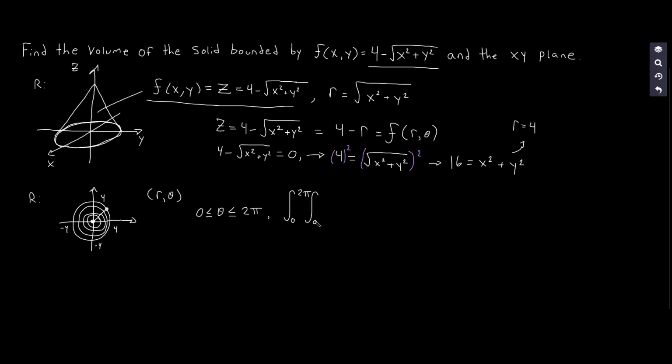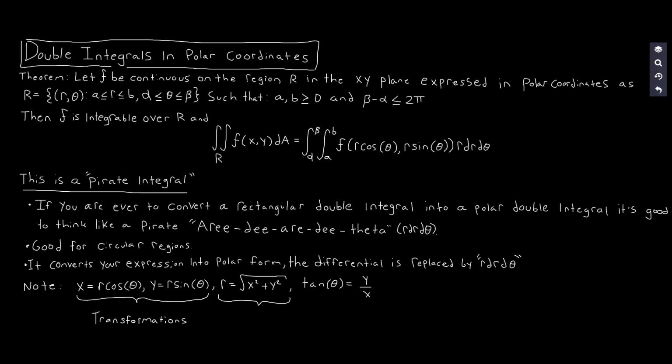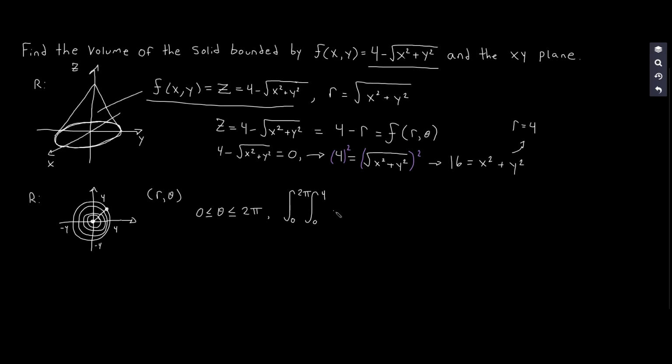So 0 out to the 4th circle. And the equation, we had 4 minus the square root of x squared plus y squared, but we know that the square root of x squared plus y squared is r. That means that in the integrand, it's going to be 4 minus r. And then we say r dr d theta, right? So that's how you'd set that up.